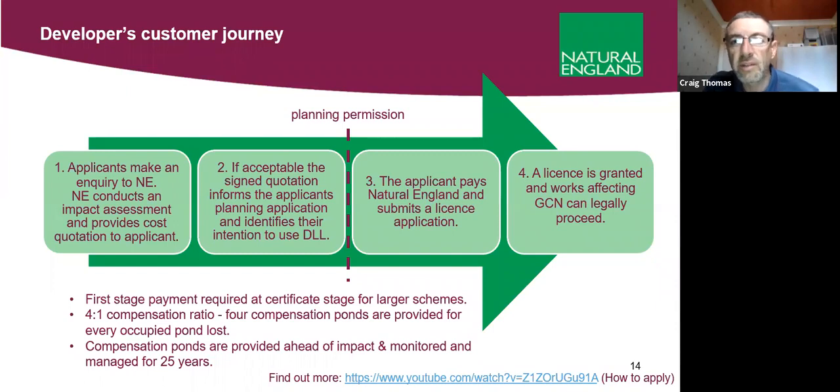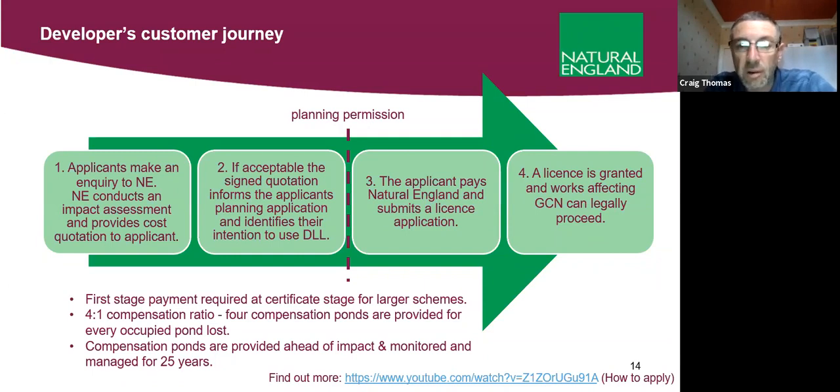Now, something that we've developed since we first started is what we call the first stage payment. And that's required at the certificate stage for larger developments requiring 3 or more ponds. We ask for part payment relating only to the delivery of ponds themselves, to cover the cost of delivering ponds, which is £4,200 per pond.